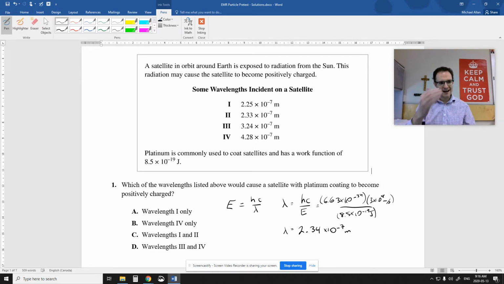Any wavelengths higher than that are not going to cause photo emission. So I can cross off 3 and 4. Any wavelengths lower than this, even just slightly lower, because remember, this is the maximum wavelength, would have enough energy. So 2 and 1 will be just enough for us here. So I'm going to go with C on that one.